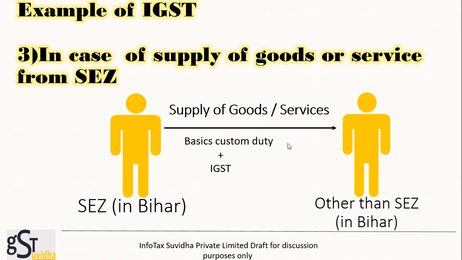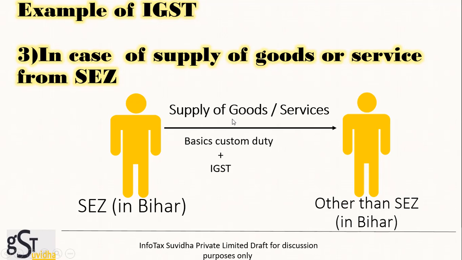Example of IGST in case of supply of goods or services from SEZ, that is Special Economic Zone. Now suppose there is a retailer in Bihar and he is in SEZ.